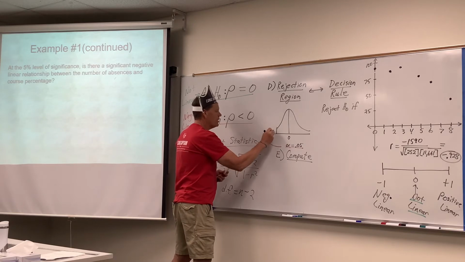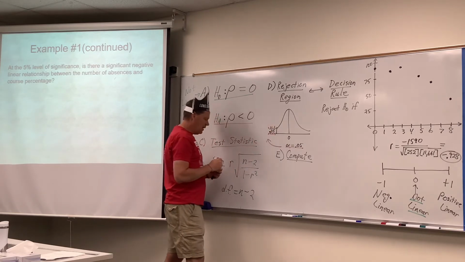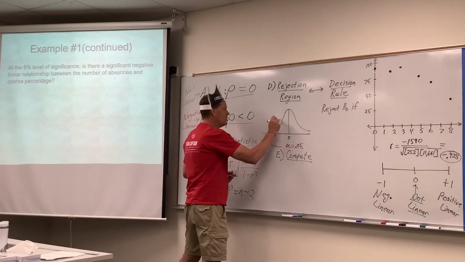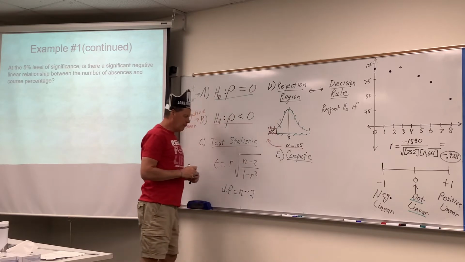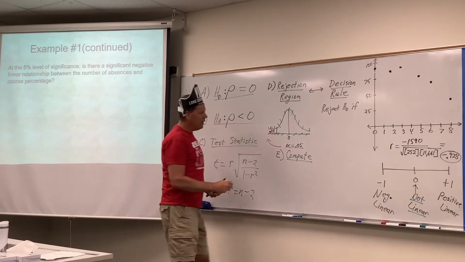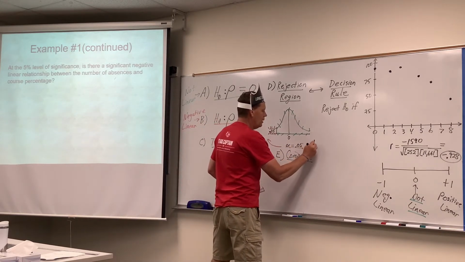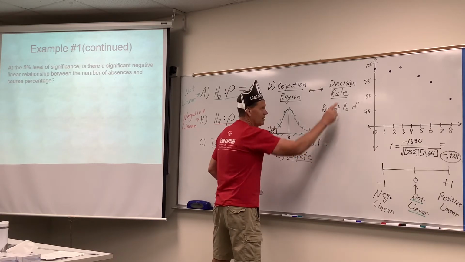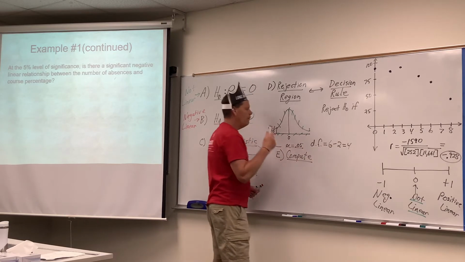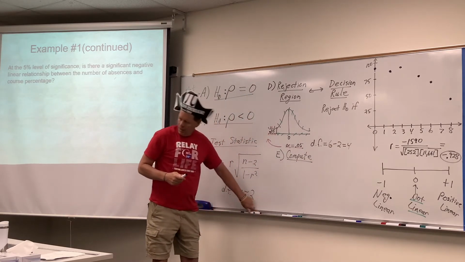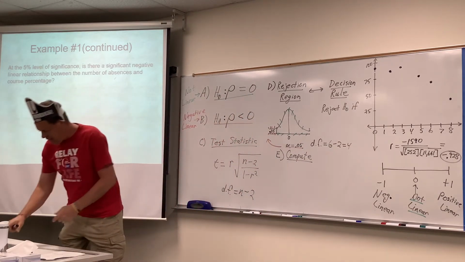We're putting 5% in that lower tail. And then keep in mind that the other element involved in doing a t-test is degrees of freedom. And our degrees of freedom here would be the fact that we had 6 data points minus 2, 4 degrees of freedom. So going to our friend the t-table now.